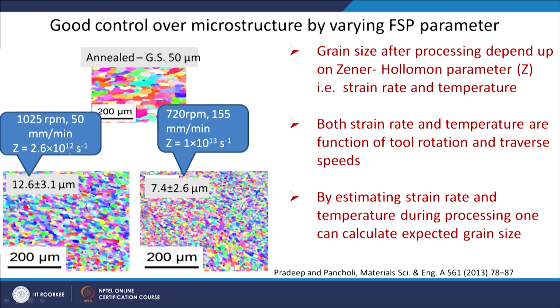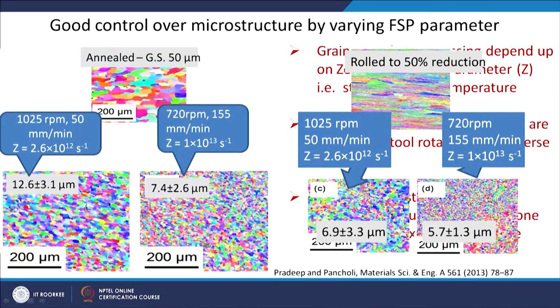At high rpm and lower speed I have lower Z, and at lower rpm and high traverse speed I have higher Z. As Z increases I should have finer grain size. You can see here that from 50 micron I am able to achieve 12.6 to 7.4 micron grain size. So just by changing the rpm and traverse speed you can do a very nice control on the microstructure or the grain size.